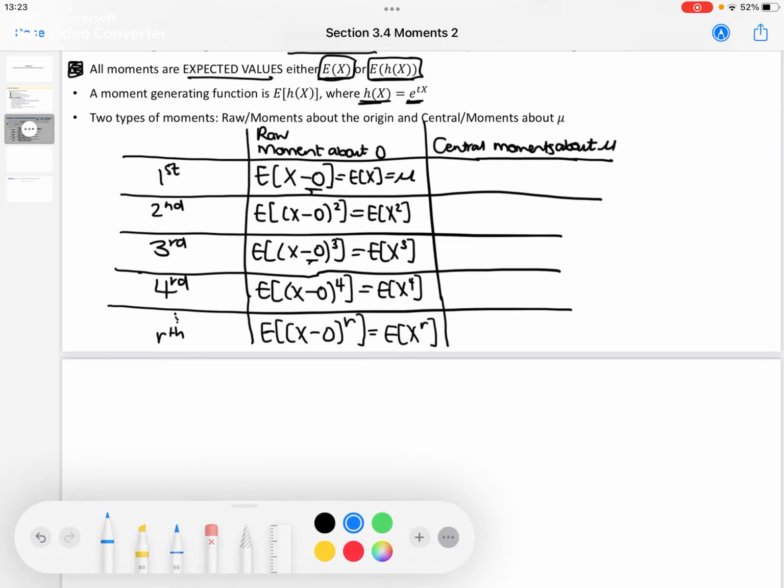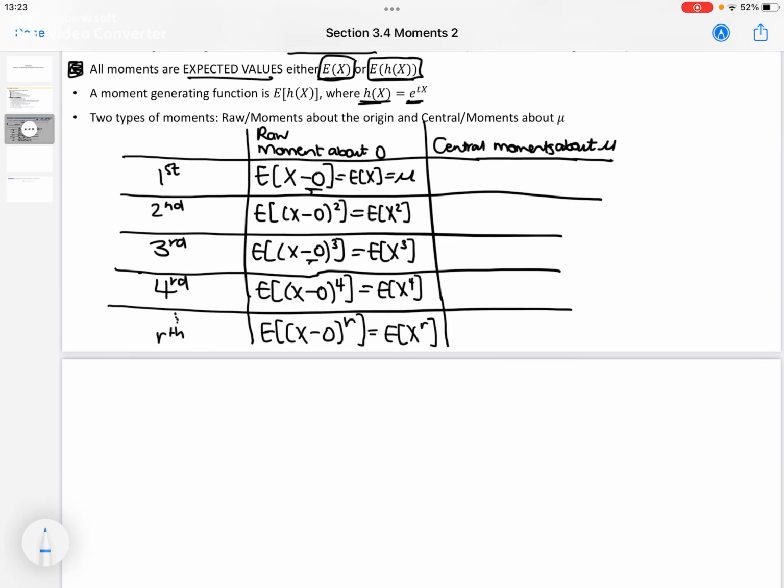Now let us have a look at central moments about mu. So the first central moment about mu is defined as the expected value of x minus mu, and that is equal to 0.